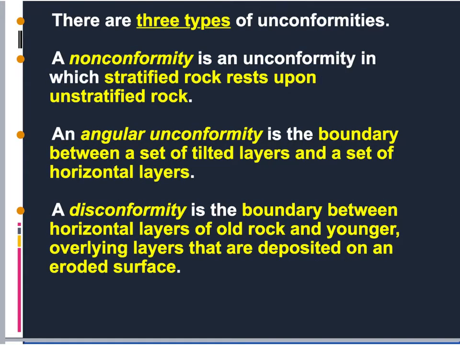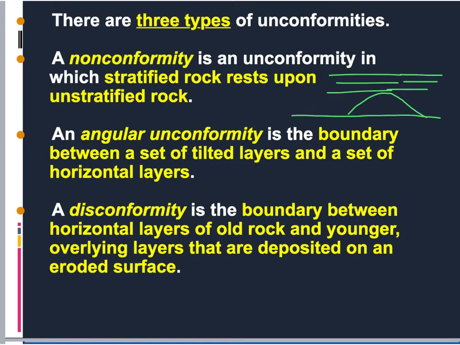Okay, there's a few different situations here. A nonconformity is an unconformity in which stratified rock rests on top of unstratified rock. So it's where we have strata lines resting on top of some unstratified rock. It's almost like a rounder section below these stratified rocks.